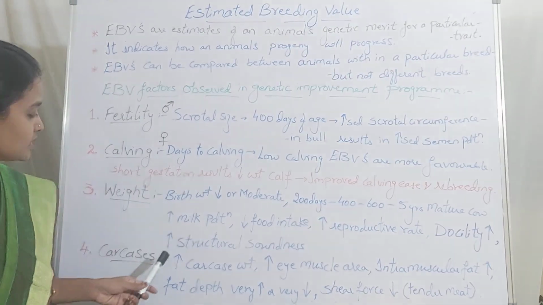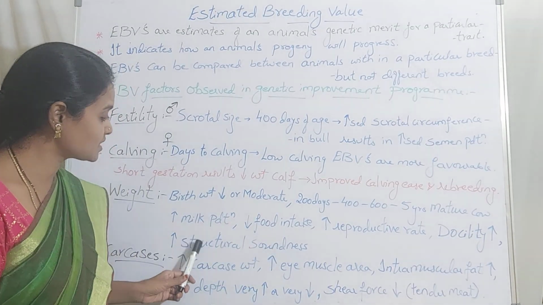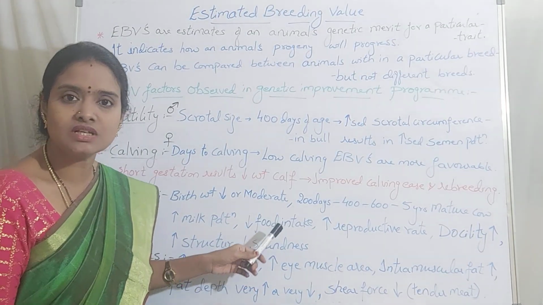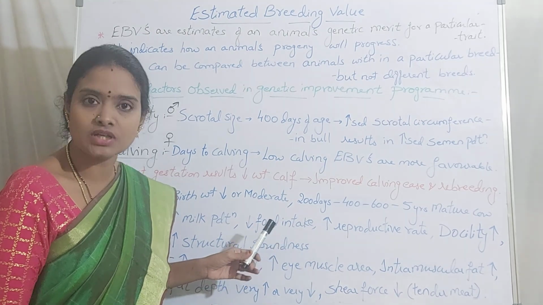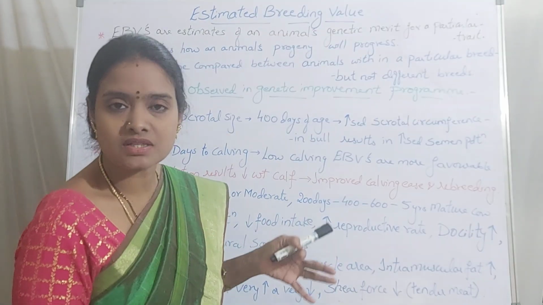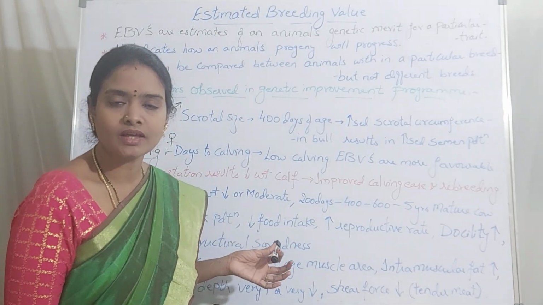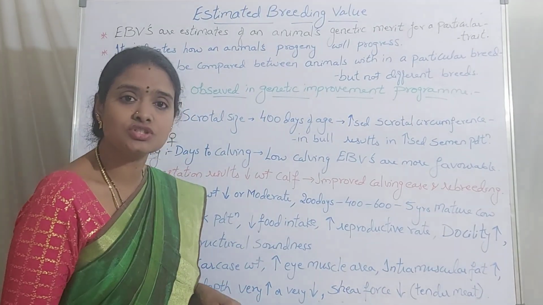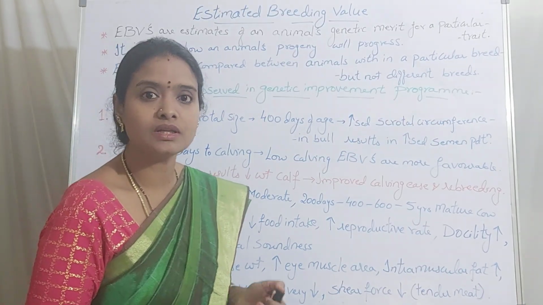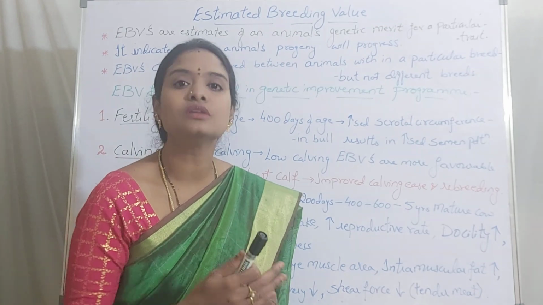Then the next one is increased structural soundness. What do you mean by structural soundness? That means it must be a huge animal, with strong muscles and a huge body. That means you are going to check whether that animal is getting adjusted to the new environment.